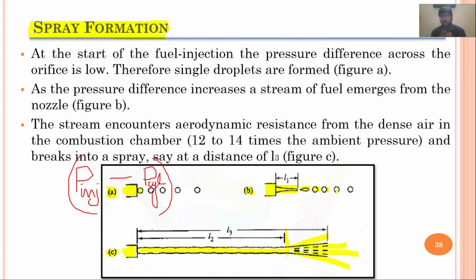But when we have a sufficient differential pressure, the difference between the injection pressure and cylinder pressure, the fuel would be injected in the form of a stream, and at reaching some distance, let's say L2, this stream will break into the spray.